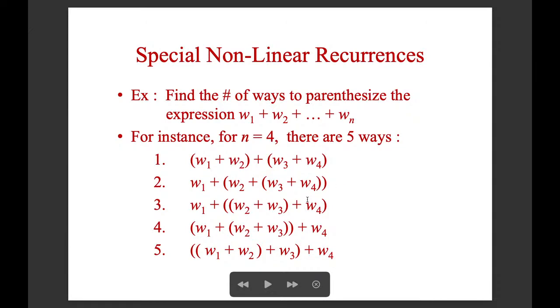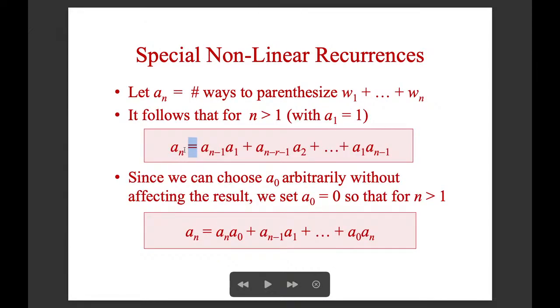Is that okay? So in general, a_n is equal to a_{n-1} times a_1 plus, there should be a typo here. This is not n minus r minus 1. Okay, sorry.